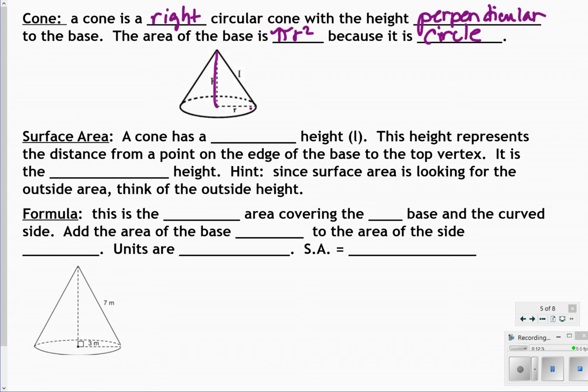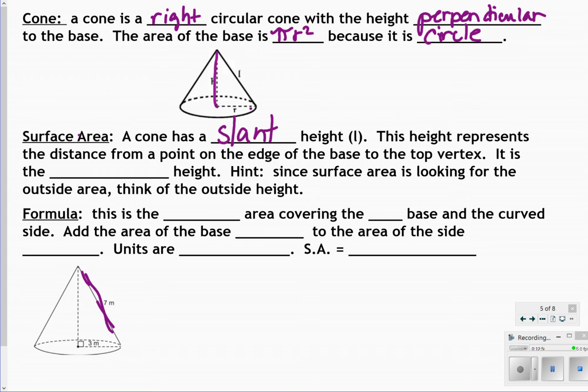All right, so let's go ahead and do this next part. So the cone has a slant height as well. If we're doing the surface area, again, we're doing the outside part. And it also has a slant height, just like our pyramid did.